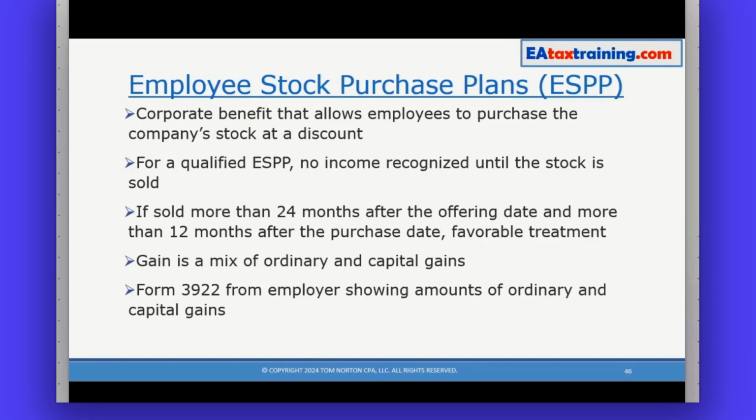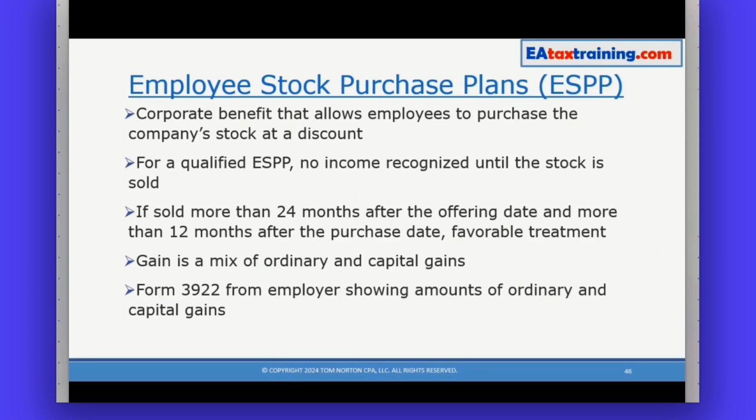Employee stock purchase plans, or ESPP. This is a corporate benefit that allows employees to purchase the company's stock at a discount. As long as it's a qualified plan, no income is recognized until that stock is sold. And if it is sold more than 24 months after the offering date and more than 12 months after you purchased it as the employee, then you get favorable tax treatment.